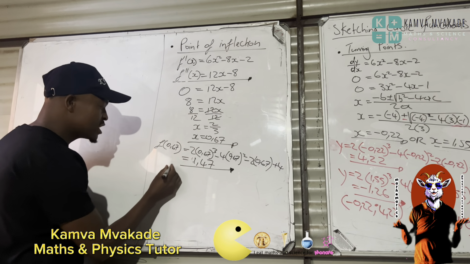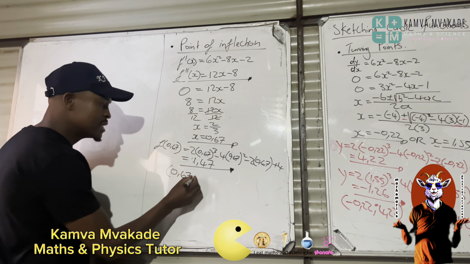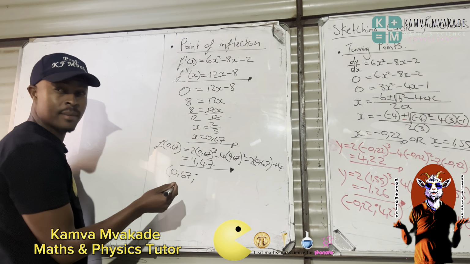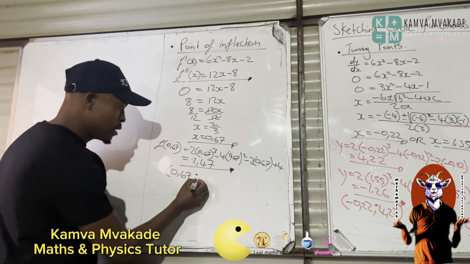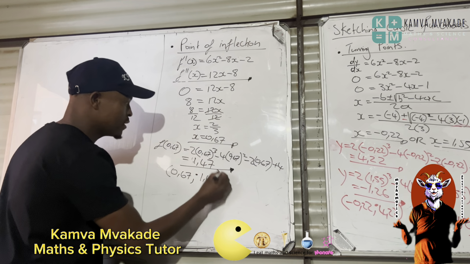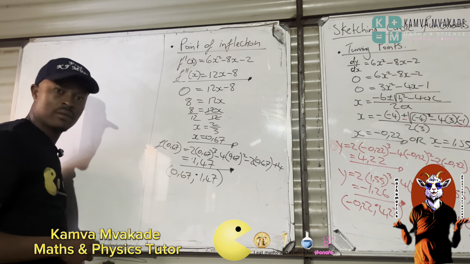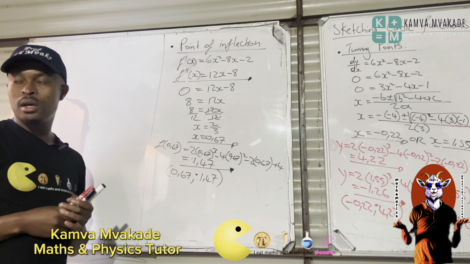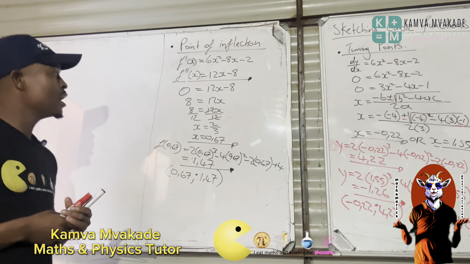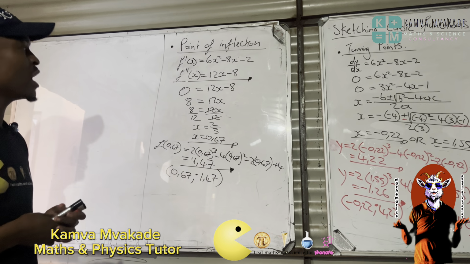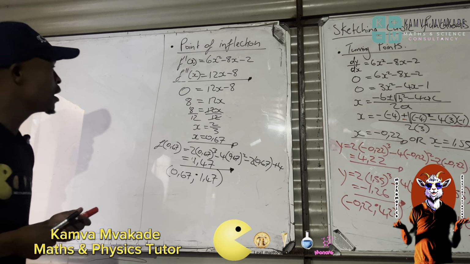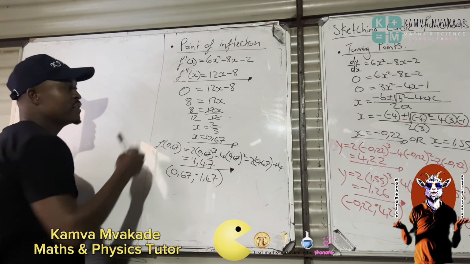So our point of inflection is 0.67 and 1.47. Now we use this to determine our concavity.